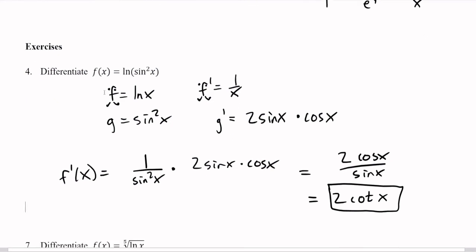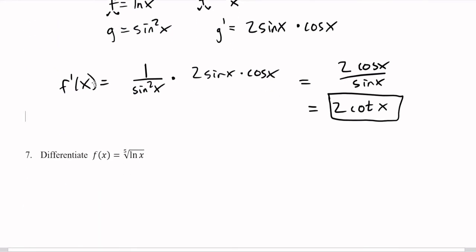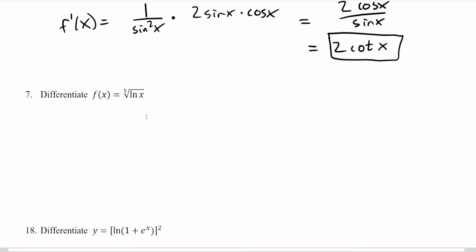You know how to do them. Just do them. Okay, getting down here, let's try this next one. So again, to me this looks like an inside and an outside function. So just to rewrite this to make it a little easier to see, this is natural log of x to the 1/5 power.